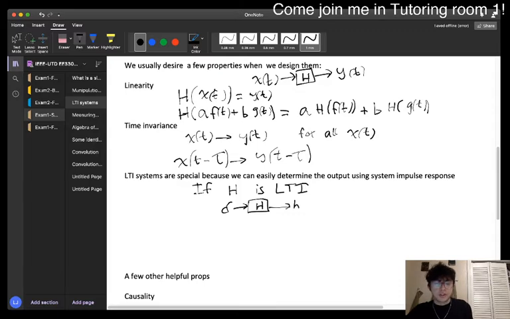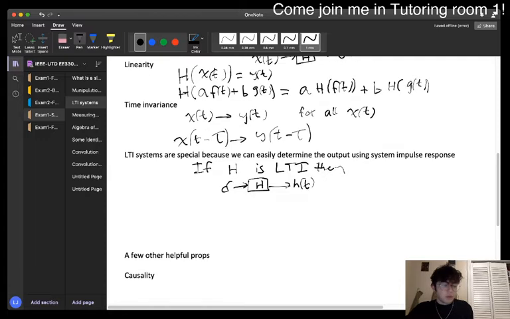We're typically going to denote it as h, so h of t. Then we can actually get the output of the system for any input that we put in.